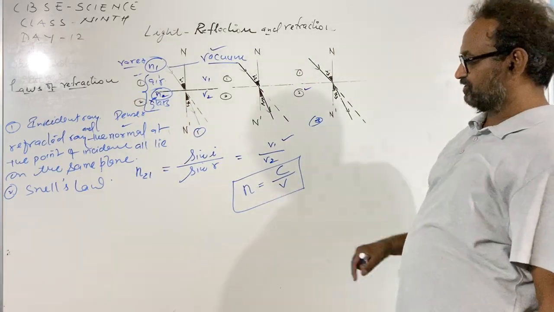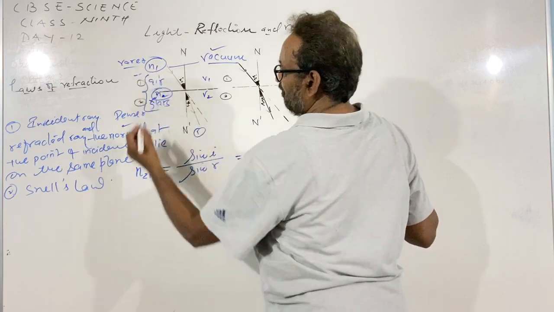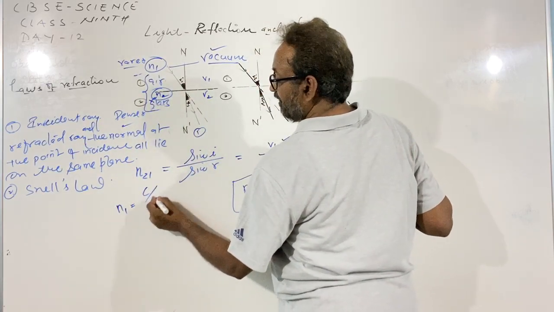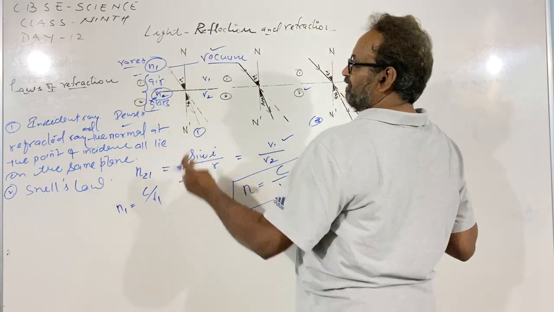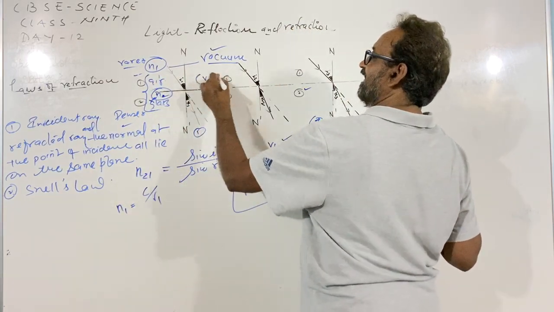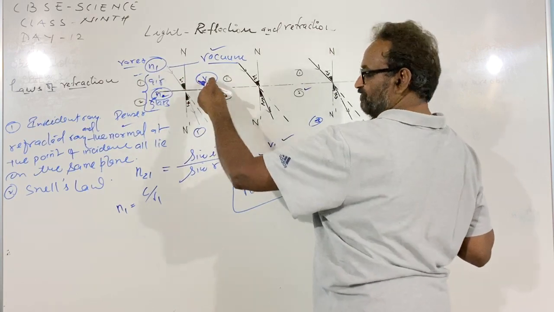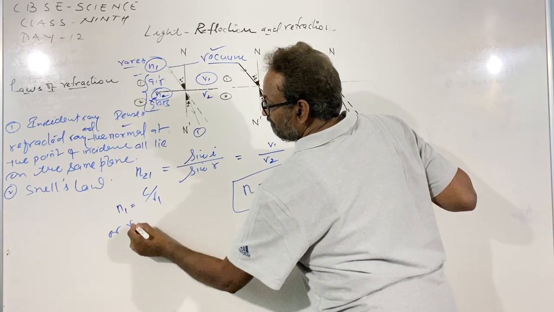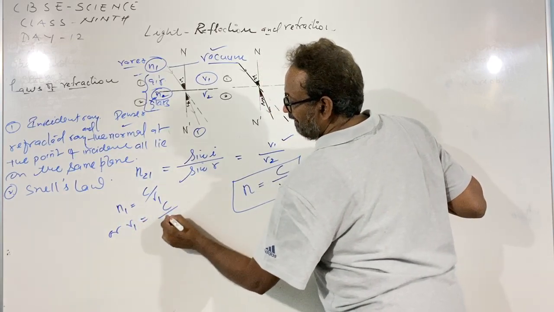Then according to this relation, absolute refractive index of the first medium will be equal to c over v1. Why? Because the velocity of the light in the vacuum is c and velocity of the light in this medium, first medium, is v1. In the same way, v1 is equal to c over n1.